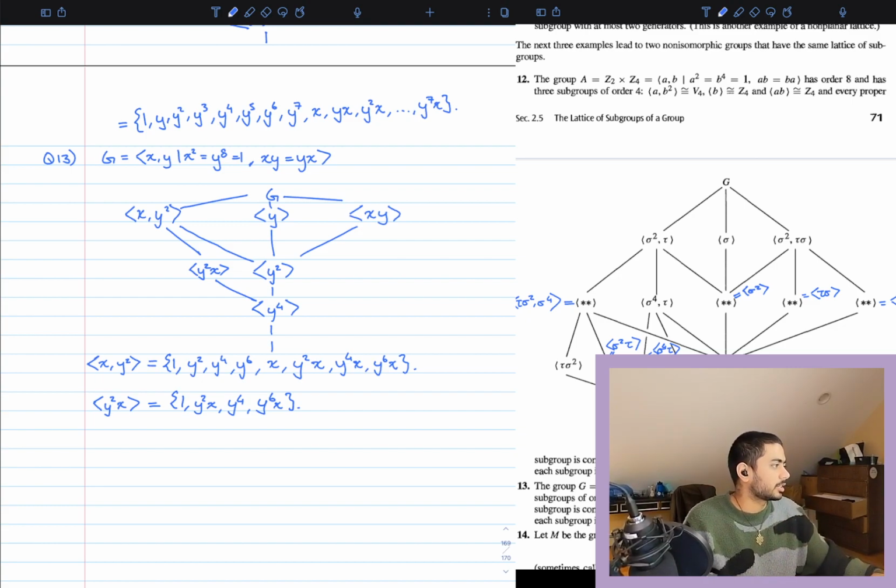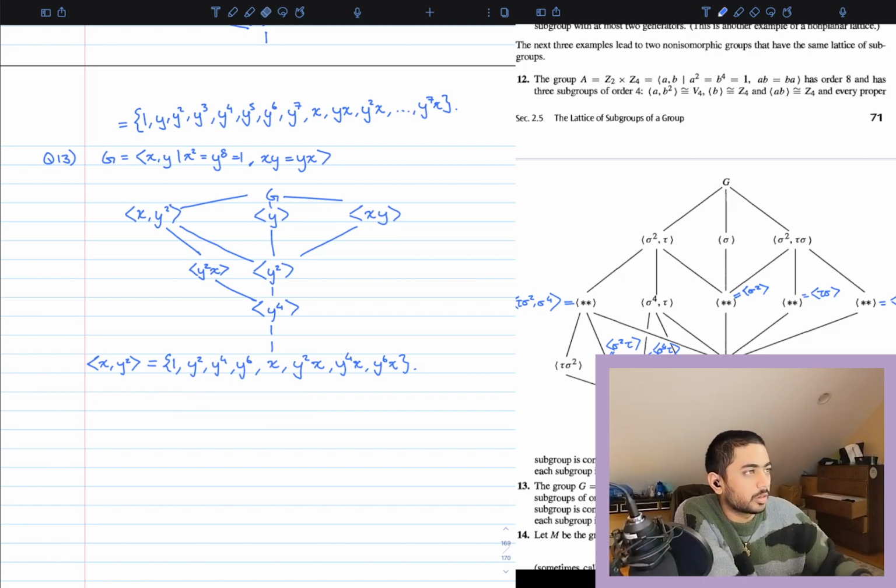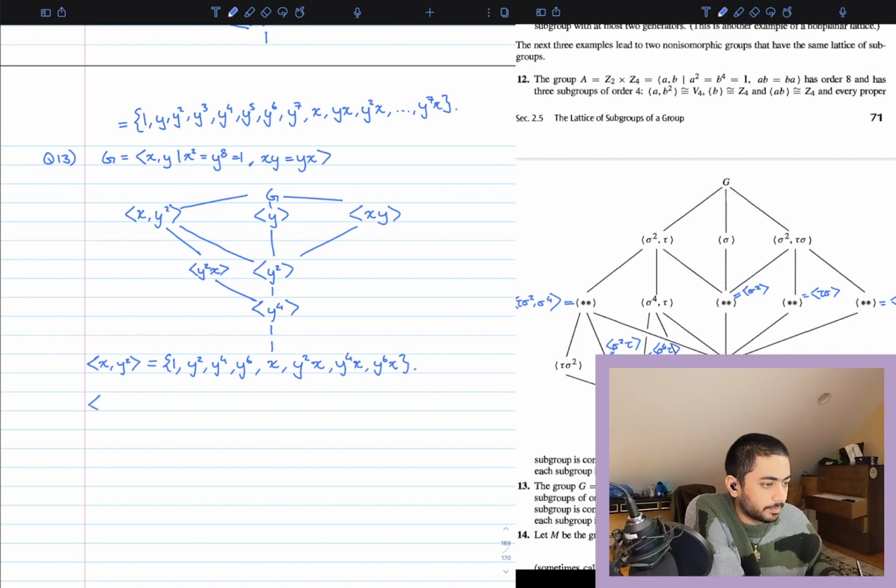What else did we have last time? We had 2 cyclic groups and then 1 Klein four-group, right? So what's the order 2 element here? x. So I'm guessing the next group we need to look at is the one generated by x and y to the 4. Let's see. x and y to the 4. What do you generate? You've got 1. You've got y to the 4. You've got x.